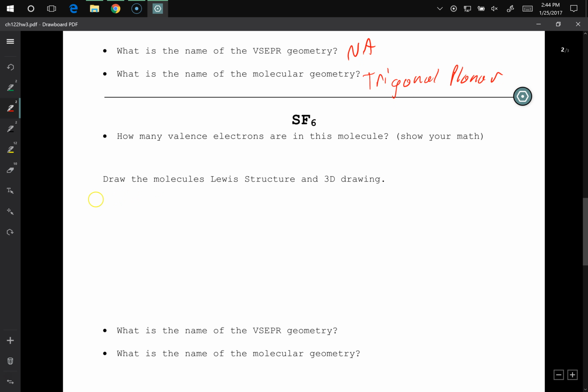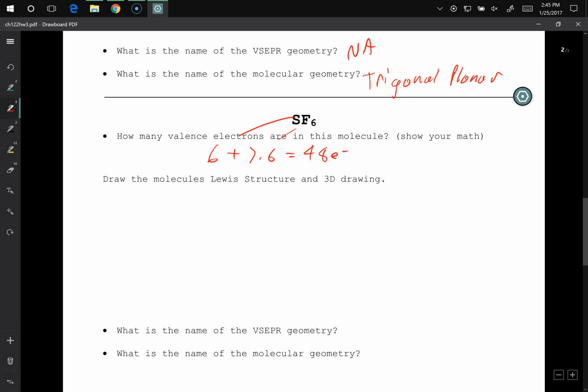All right. How about this? What would you call this one here? The SF6. Sulfur hexafluoride? Yep, that sounds good. All right, so I've got 6 for my sulfur, plus 7 times 6 for my fluorine. And so 48 electrons.